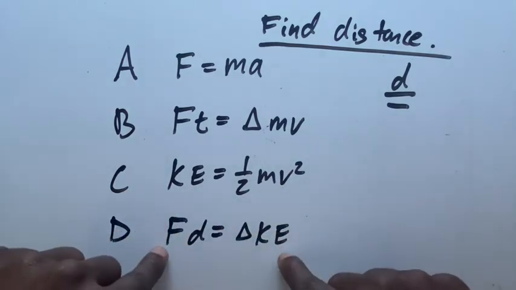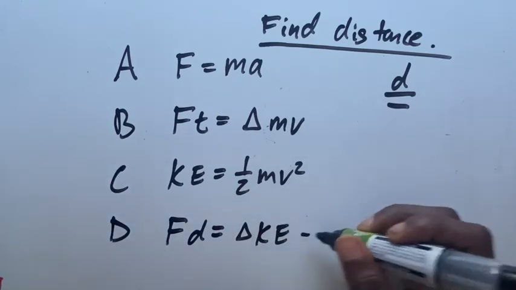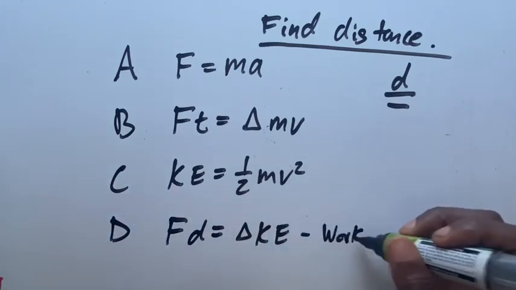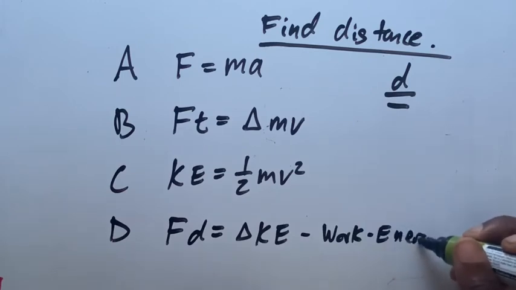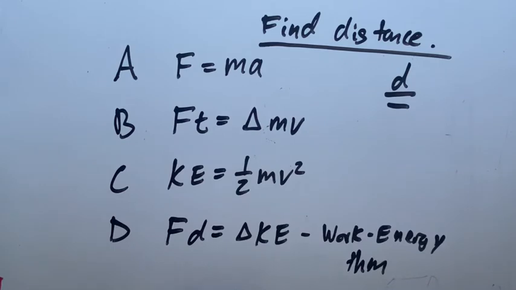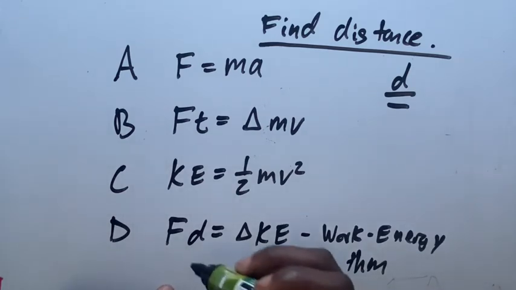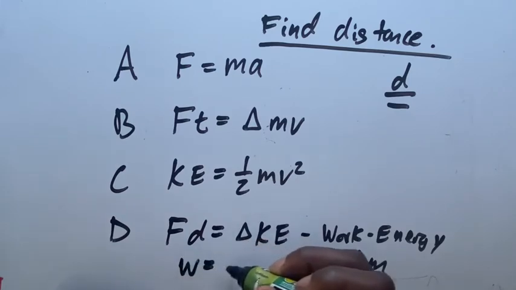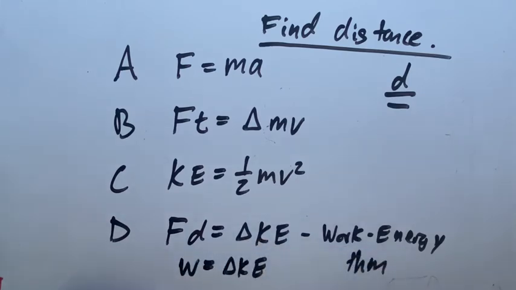But this last one is what we call the work energy theorem. And so, force times distance is basically the work, right? So this is basically saying work equals the change in kinetic energy. And this is that equation that I went over a little while ago. And so we see here, work is force by distance.